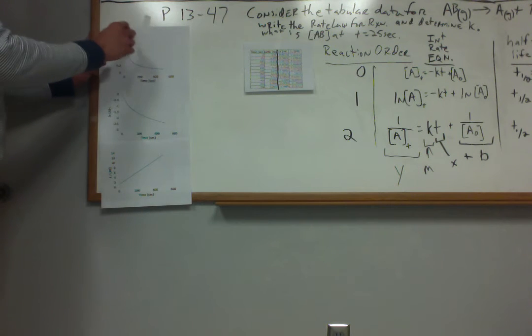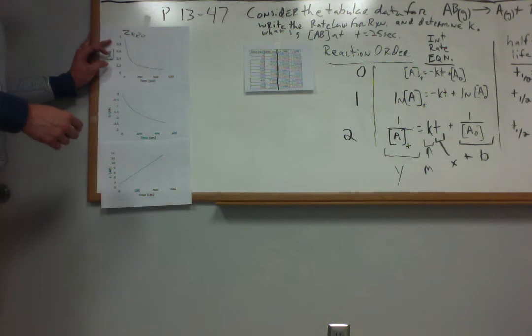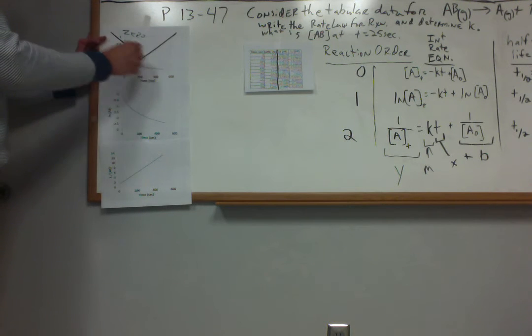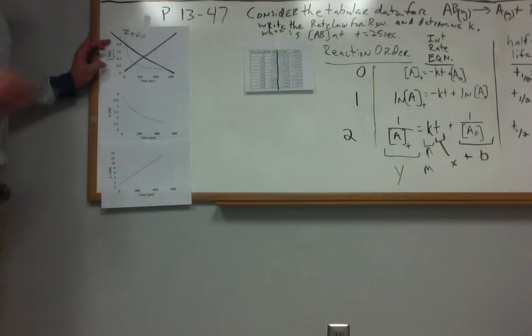So if that was a straight line for my zero order process, that would have been a zero order reaction. Okay, but we can see from the function that it's not a straight line. So this reaction is most certainly not zero order in reactant AB.